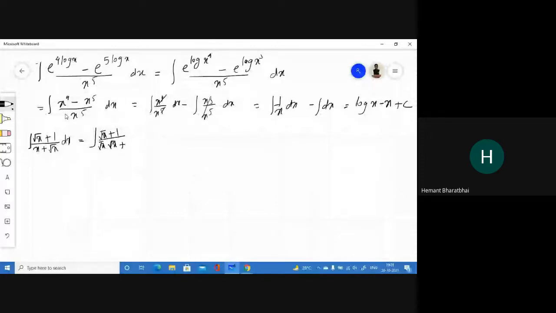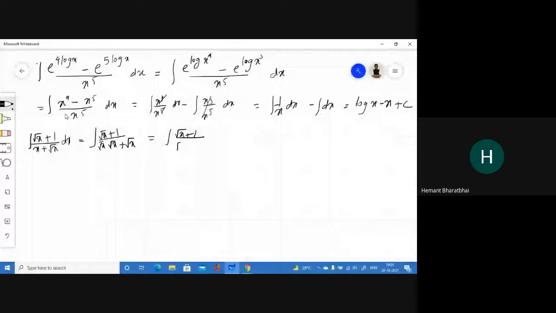So this becomes integration of root x plus 1 upon, taking root x as common, root x into root x plus 1. So now this root of x plus 1 and root of x plus 1 get cancelled. So I get integration of 1 upon root x dx.